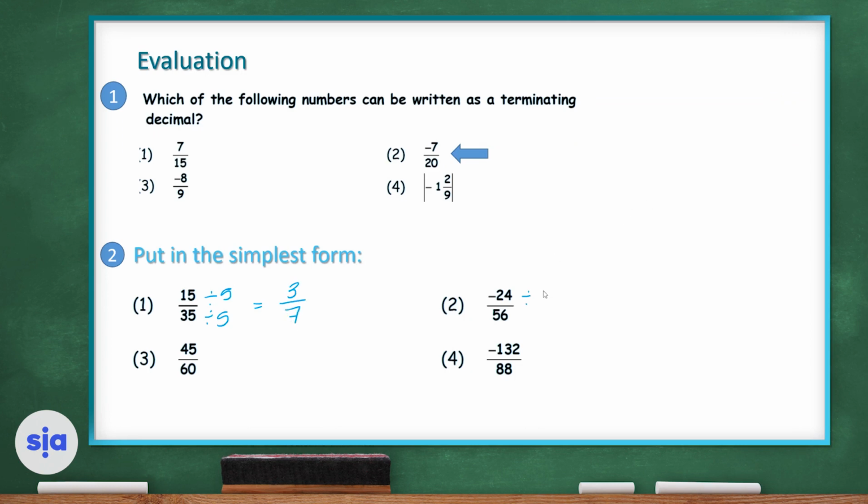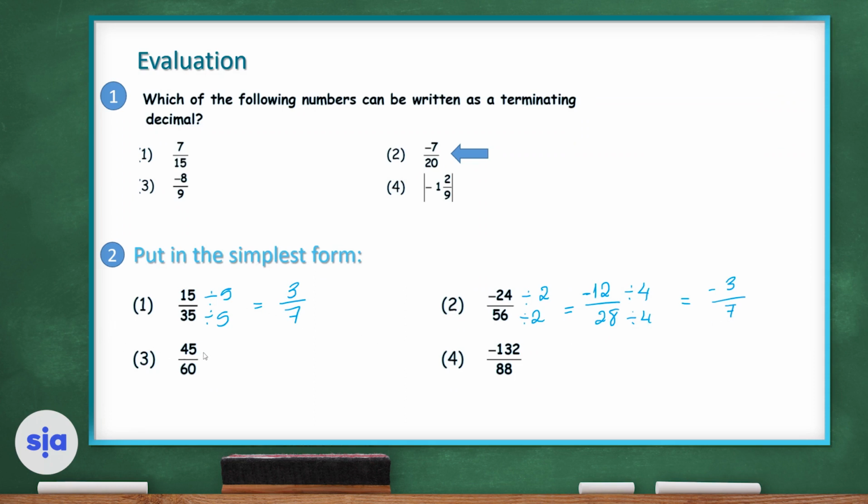Question 2, we can divide them both by 2, by 4. So you choose whatever you want. Let's say it by 2 first. So it's negative 12 over 28. As you can see, they both now can be divided by 4. So it's negative 3 over 7.